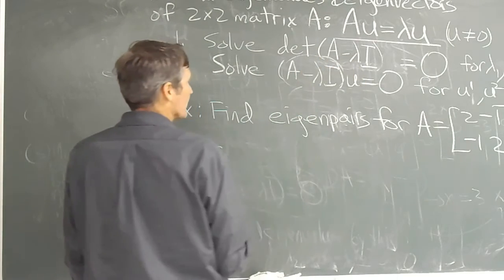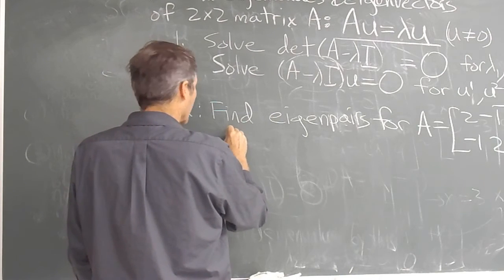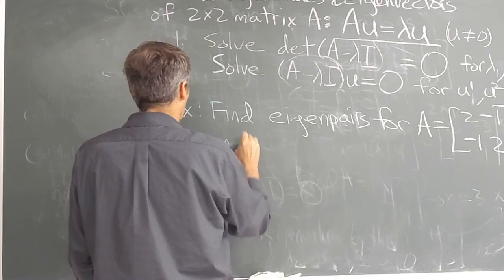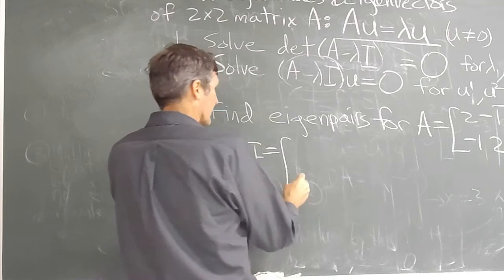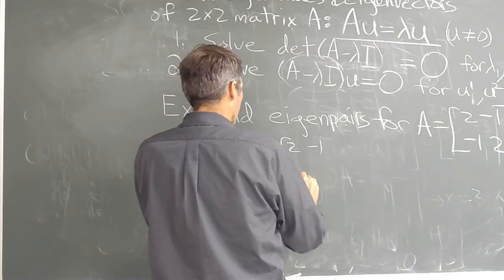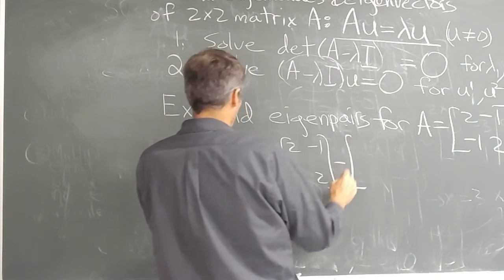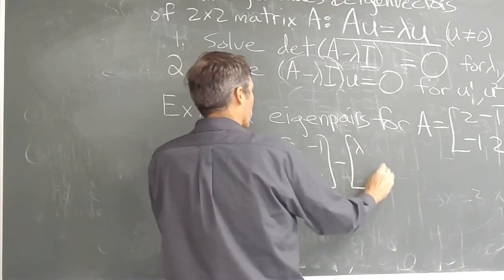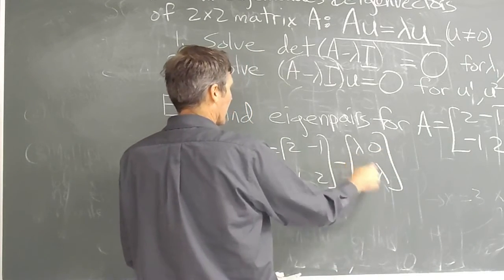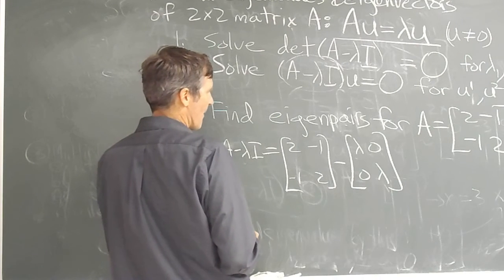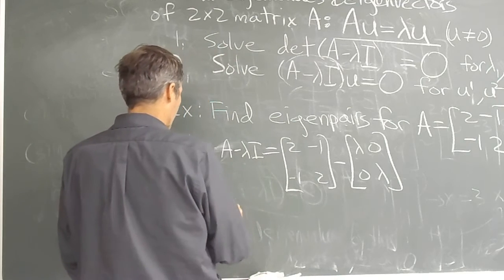We write this determinant. A minus lambda I is what? Well, A is 2, minus 1, minus 1, 2. And the identity has ones on the diagonal and zeros elsewhere. If you multiply by a number, you get lambda, 0, 0, lambda. So there's the 1, 0, 0, 1 matrix with lambda multiplying it. Lambda is some number. And now we want the determinant of A minus lambda I equals 0.